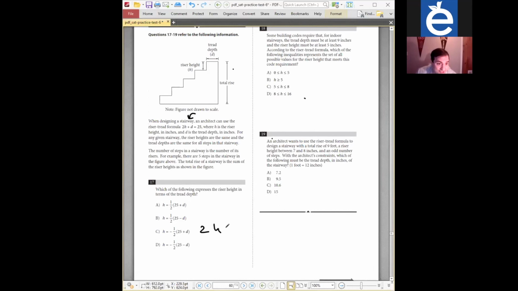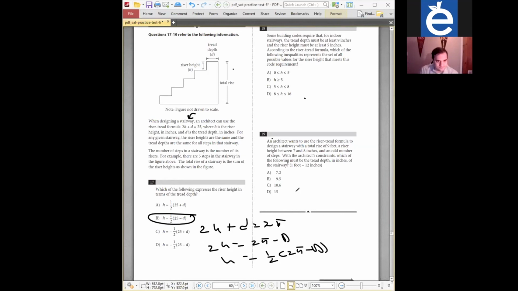So 2h plus d is equal to 25. 2h is equal to 25 minus d. H is equal to, now they have them expressed here in terms of 1/2 rather than over 2, it's the same thing, 1/2 times (25 minus d). That is B. Huzzah.